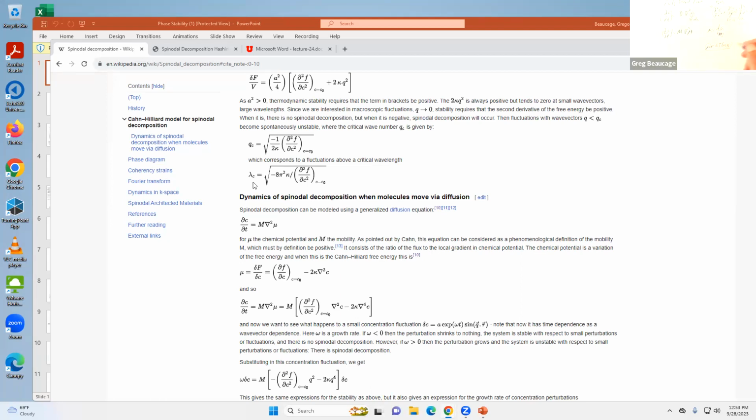And if you're talking about small fluctuations, that's the only way to get this equation. In that case, e^x is 1 plus x plus x squared over 2 factorial. So if you take the first two terms, then you can say ln of 1 plus x is x, if x is small.